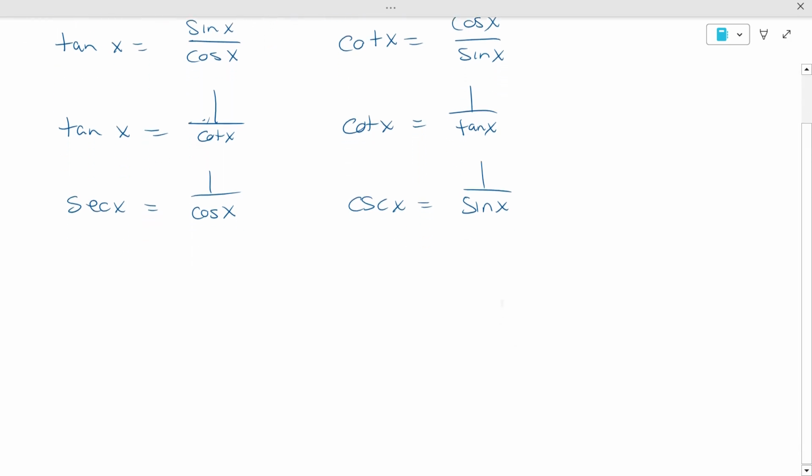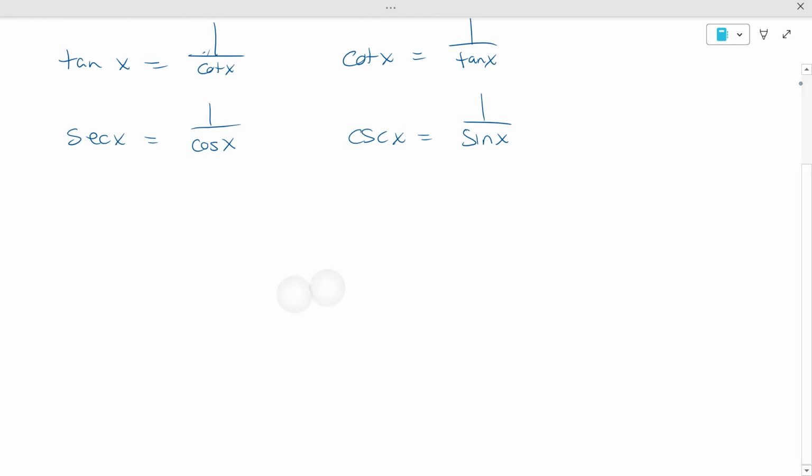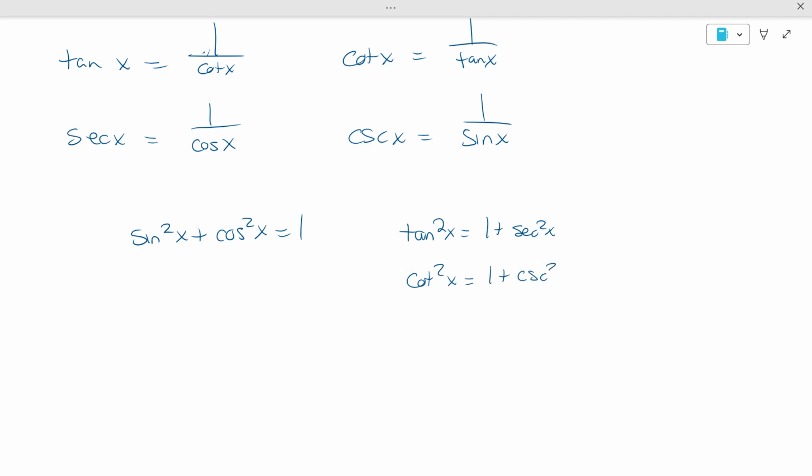Another fun fact is that sine squared of x plus cosine squared of x equals 1. The tangent squared of x equal to 1 plus secant squared of x. And the cotangent squared of x equals 1 plus cosecant squared of x.